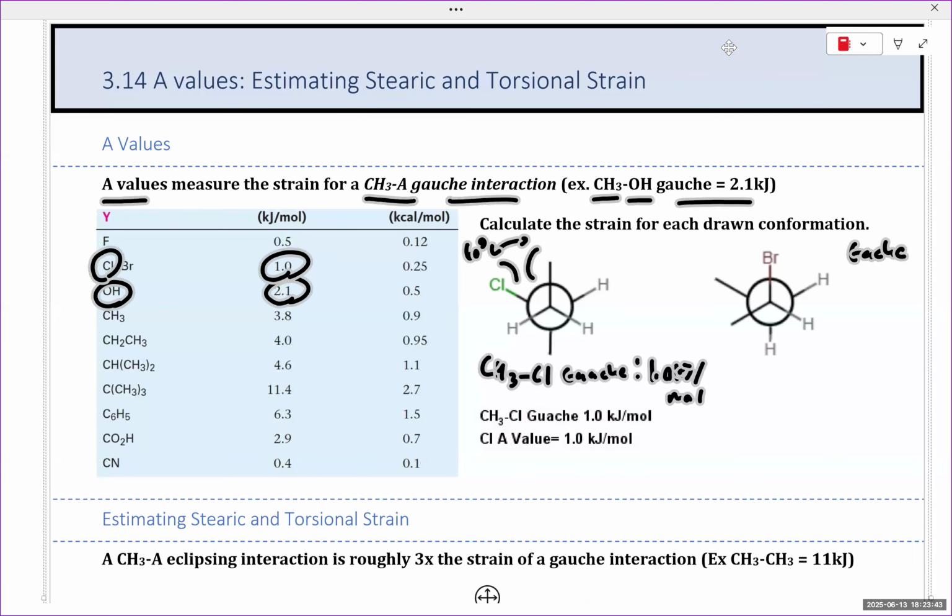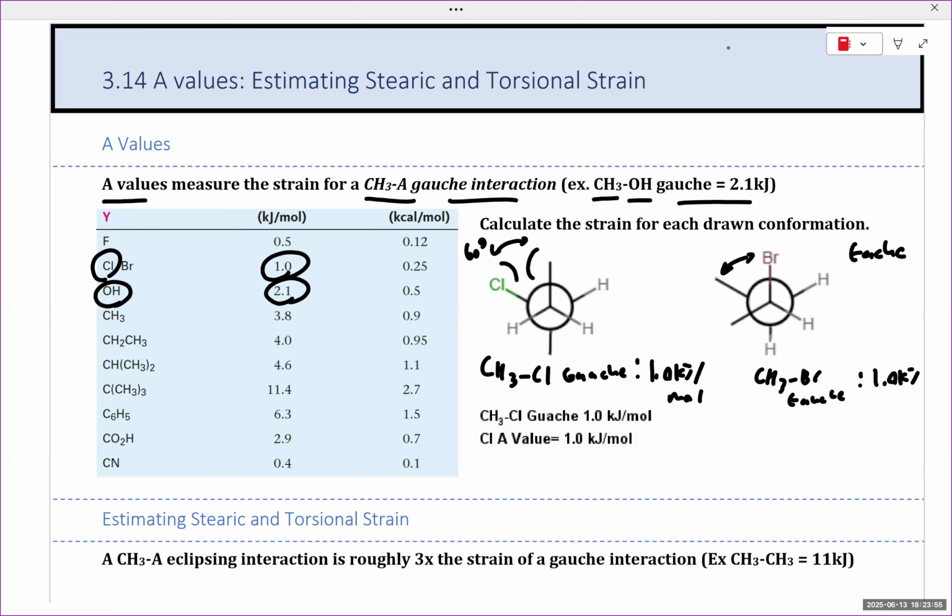Okay, so first and foremost, we have a methyl-bromine gauche interaction. This costs us about 1 kilojoule. And then we have a methyl-methyl gauche interaction, which costs us about 3.8 kilojoules.